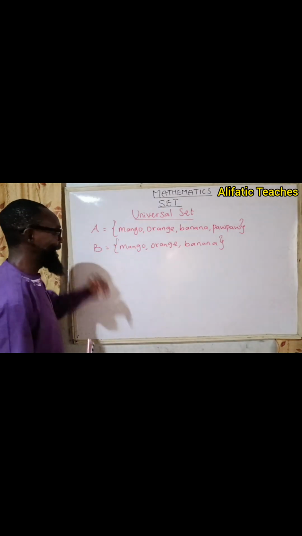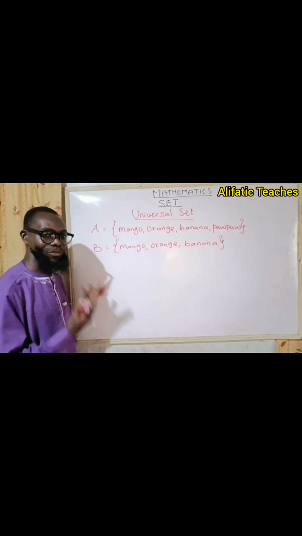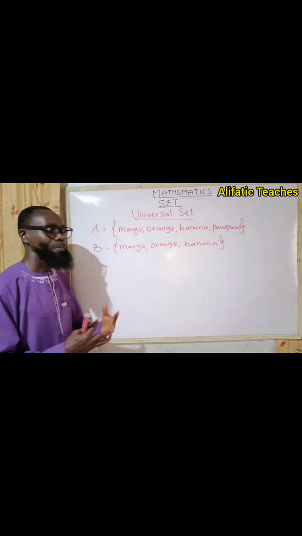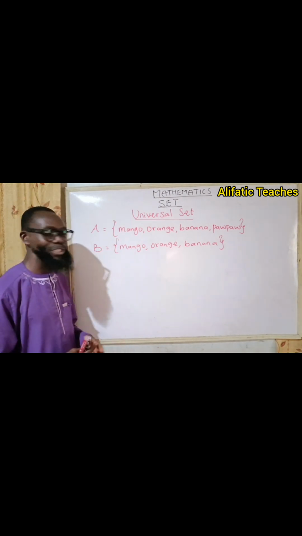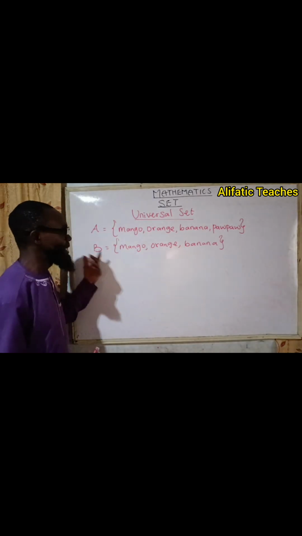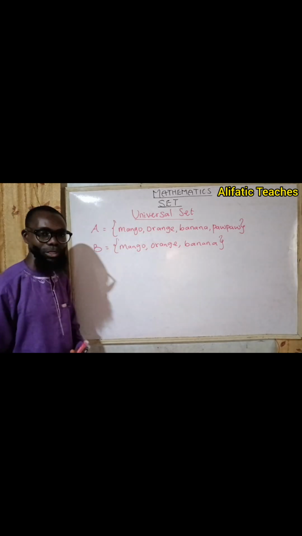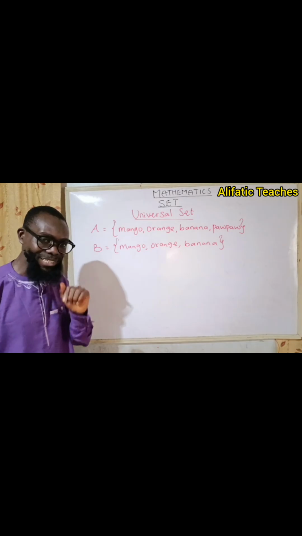Now, set A, as we have discussed under subset and universal sets, contains mango, orange, banana, pawpaw, while set B contains mango, orange, and banana. We can now see that set B is contained in A, meaning set B is a subset of A. So this A can be called a universal set.